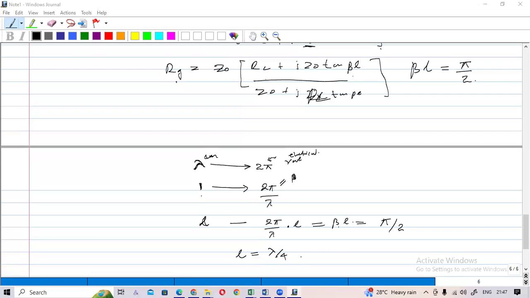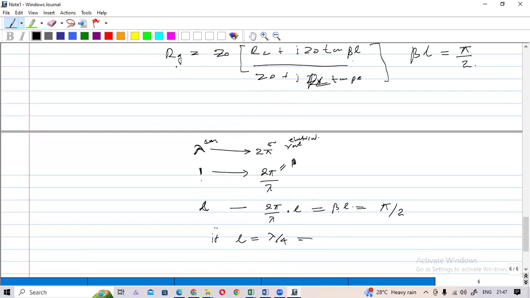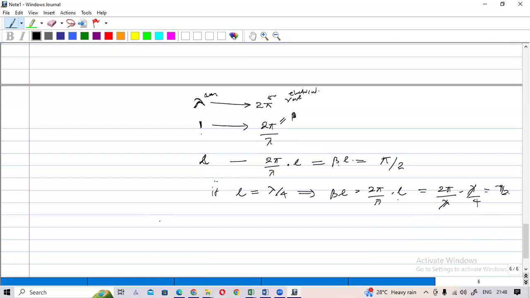If L is lambda by 4, beta L is 2 pi by lambda times lambda by 4; lambda cancels out, you get 2 pi by 4, that is pi by 2.